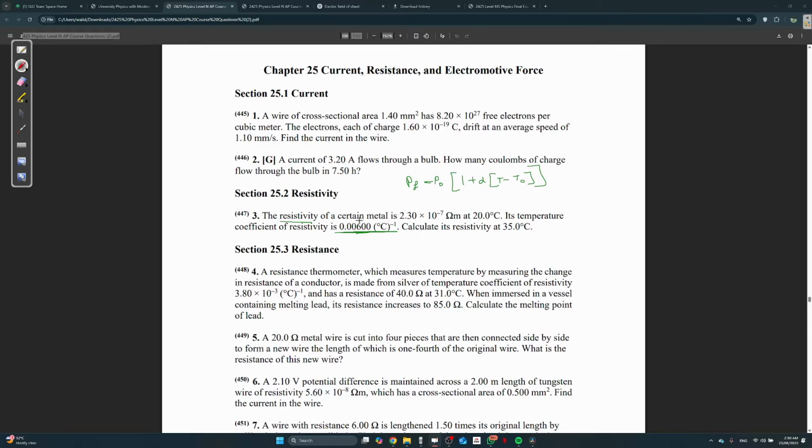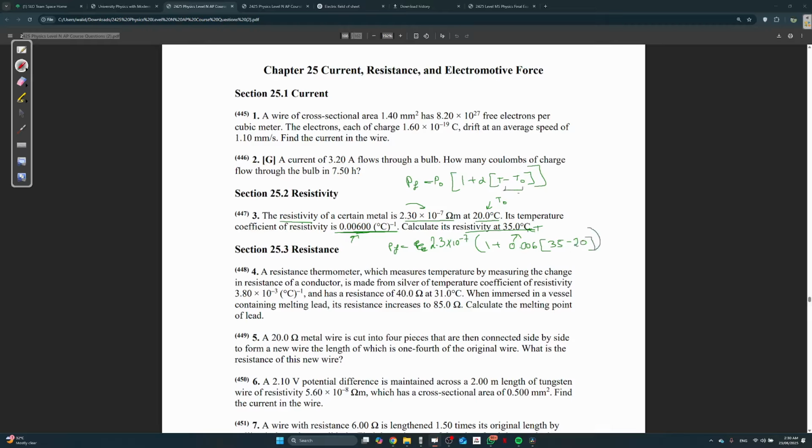So over here, they told us that the resistivity initially is this at 20 degrees. So this is T0. The temperature coefficient is this. They want us at 35 degrees, so this is T. Let's see how we're going to find this. We just use the formula. You need to know this. Rho initial was 2.3 times 10 to the minus 7, times 1 plus alpha 0.006 times T minus T naught, so 35 minus 20.